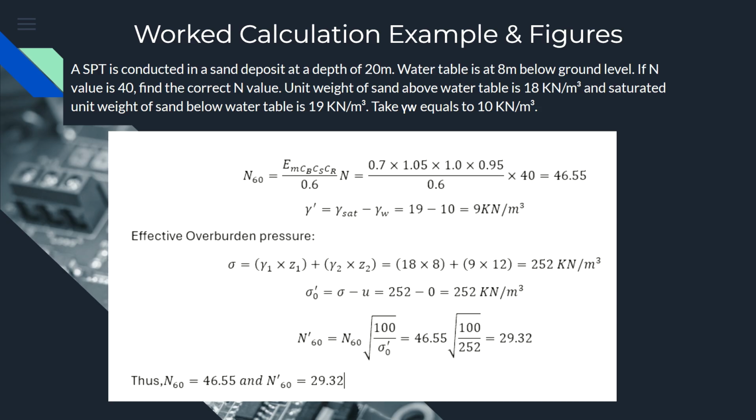Before that, we have to calculate the effective overburden pressure, which is the summation of the multiplication of the unit weight and the depth, gamma 1 Z1 plus gamma 2 Z2, which turns out to be 252 kN per meter cube, and the effective stress would be 252 kN per meter cube, since the water table is far below.